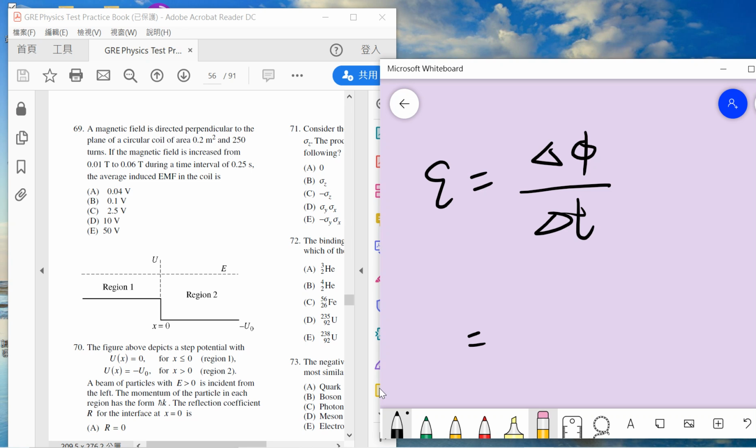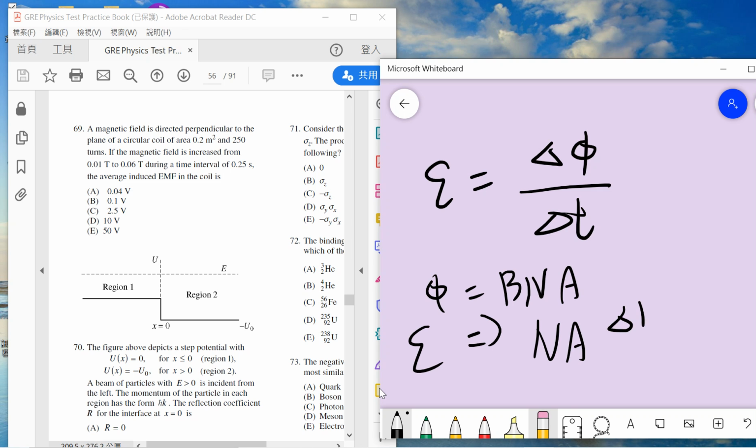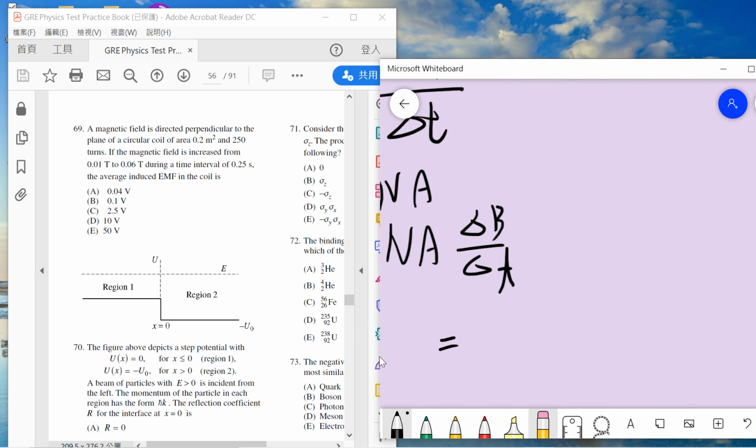The flux is B times N times the area, so epsilon is NA times delta B divided by delta T. So we have 250 turns times 0.2 times the change of magnetic field 0.05 divided by 0.25.